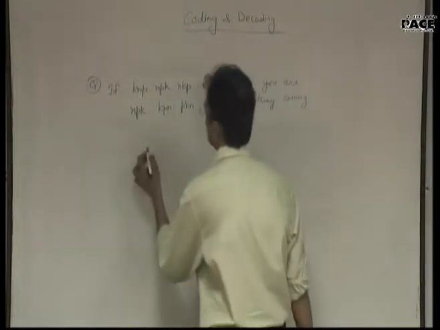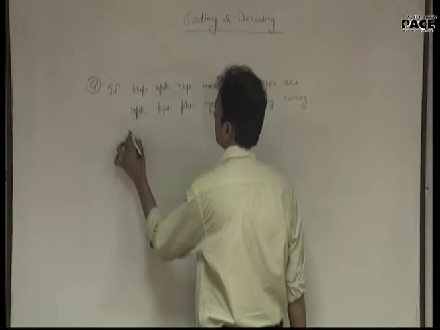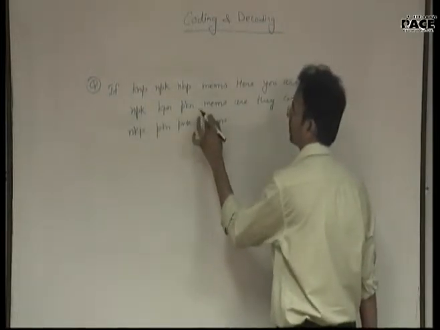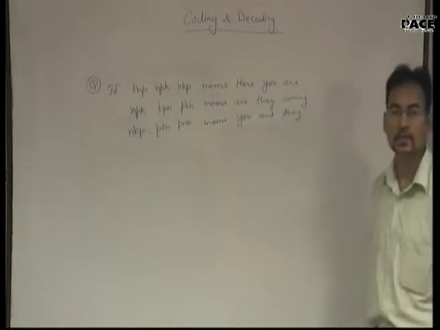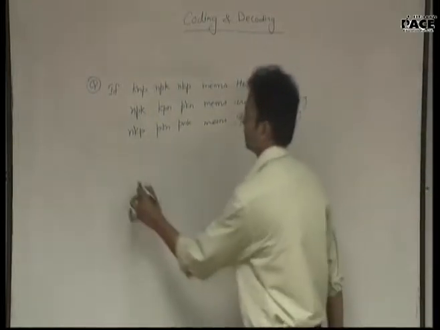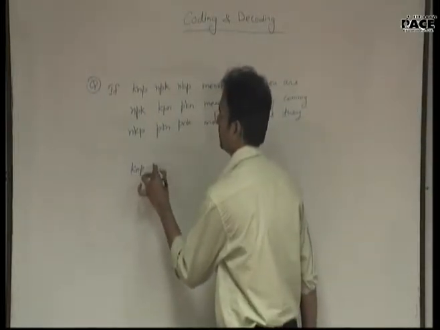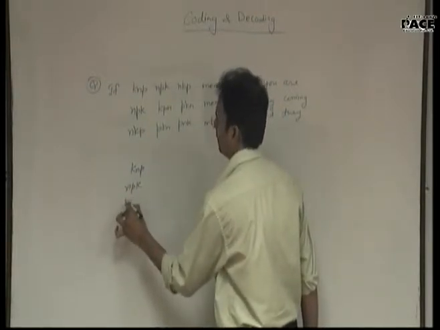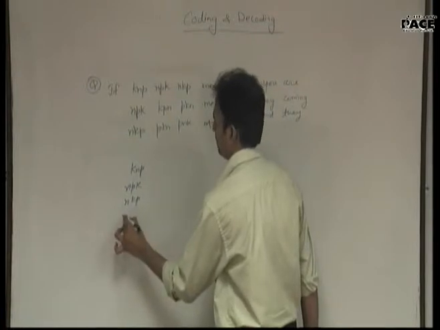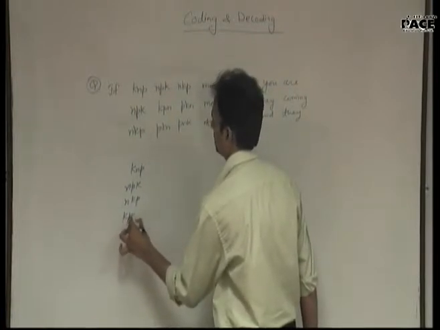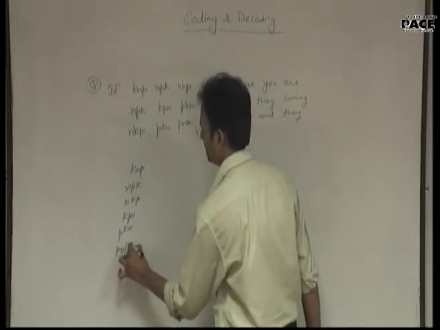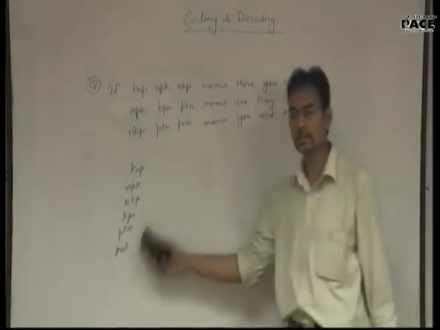Now we have to find out these values: K and P, NPK, NKP, KPN, PKN, and PNK. We have to find these values.